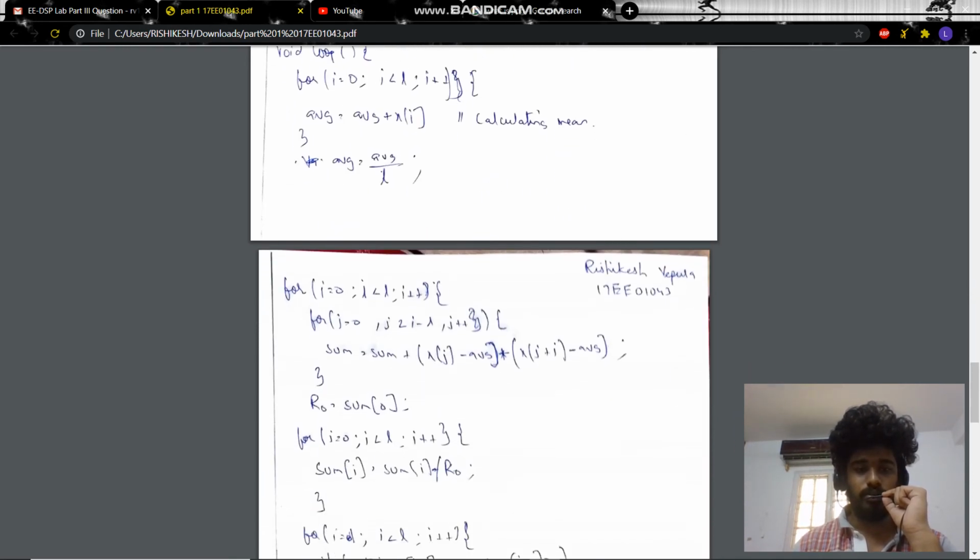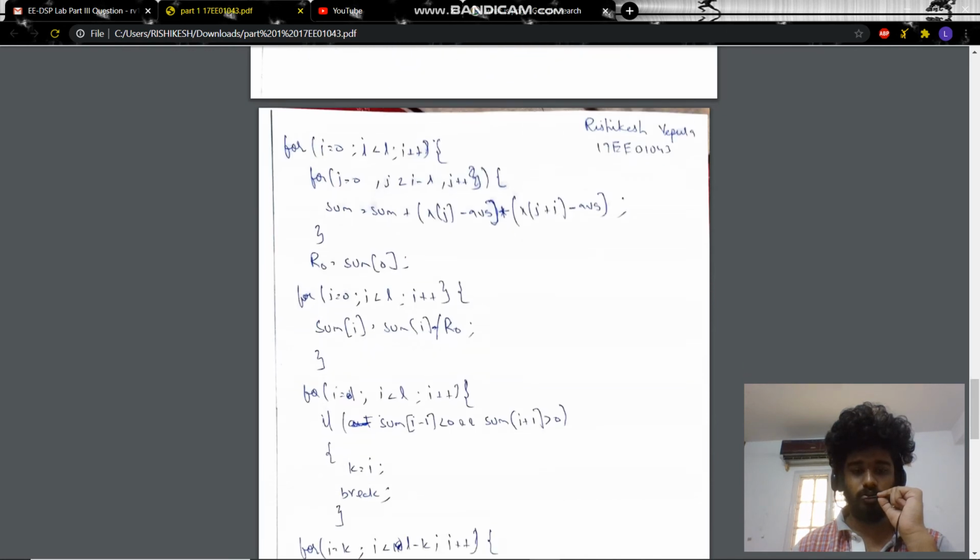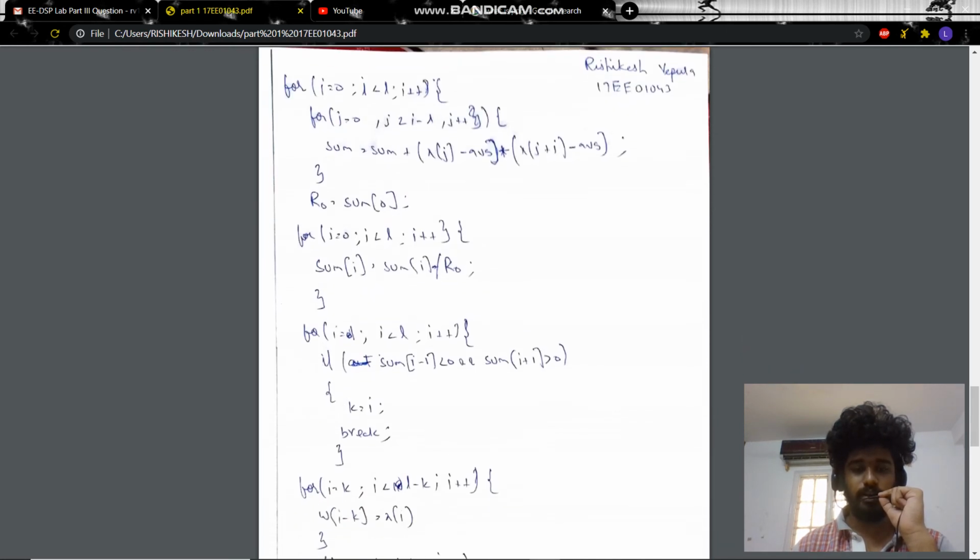Then we find the autocorrelation. Here you can see we first subtract the average, and then we find the autocorrelation.